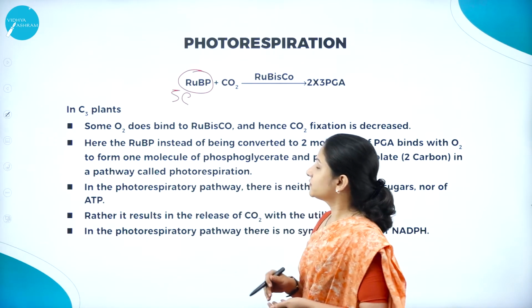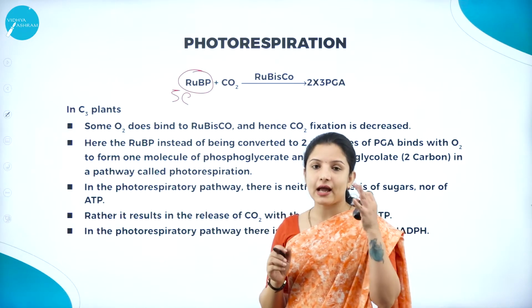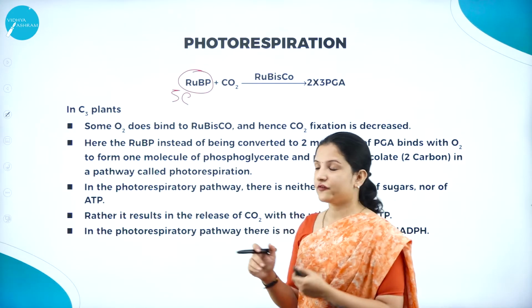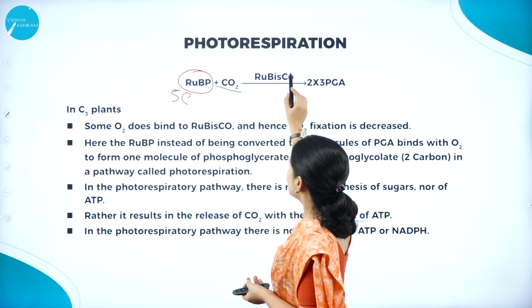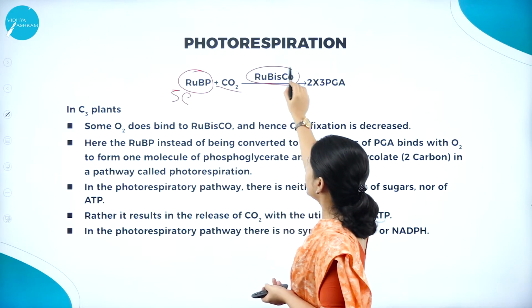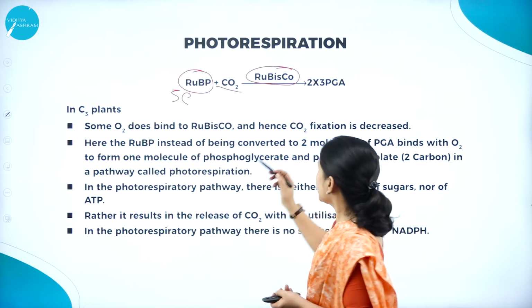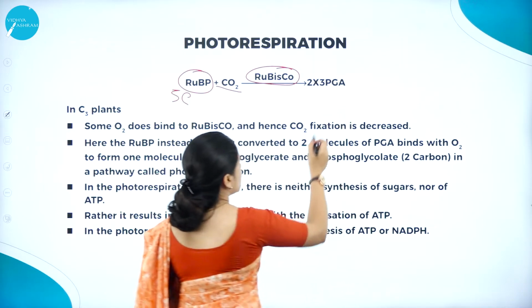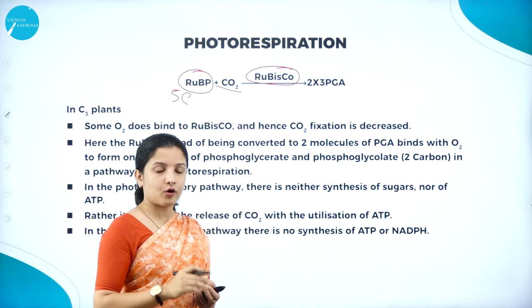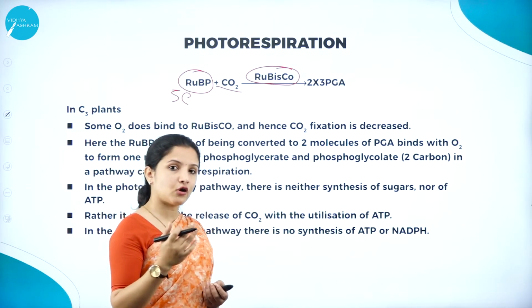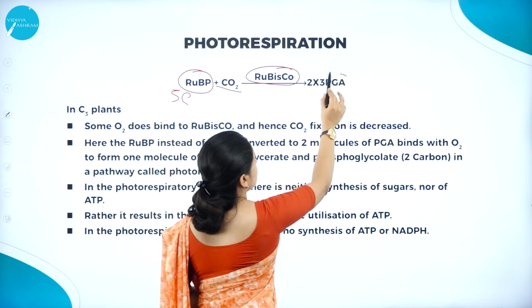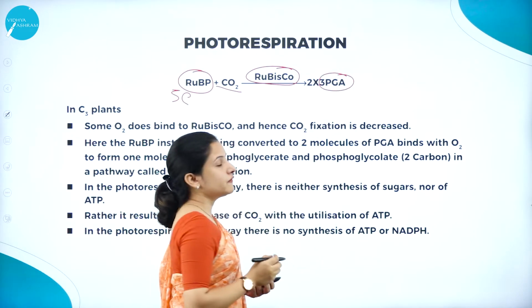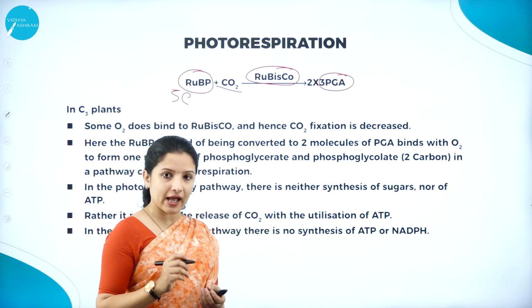This ribulose 1,5-bisphosphate accepted the carbon dioxide from the atmosphere in the presence of an enzyme called Rubisco, and it got converted into a 6-carbon compound. That 6-carbon compound got split into 2 molecules of a 3-carbon compound, which was 3-phosphoglyceric acid, right?